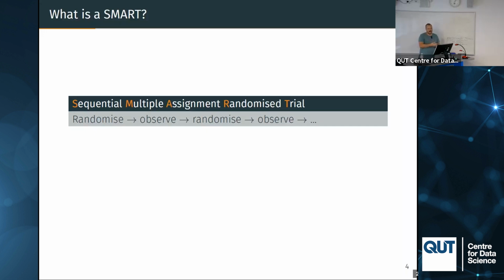Based on that outcome, they're then re-randomised and observed again, and possibly re-randomised again. It's not usual to see this re-randomisation in clinical trial design. It's an important design because it can capture the delayed effects of treatment or where there are treatment interactions over time.